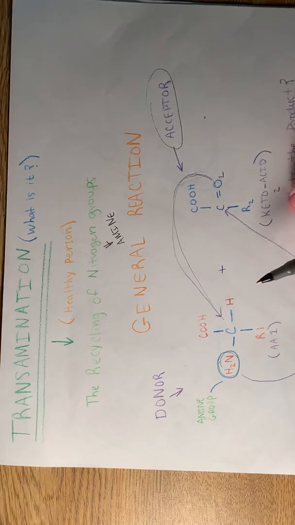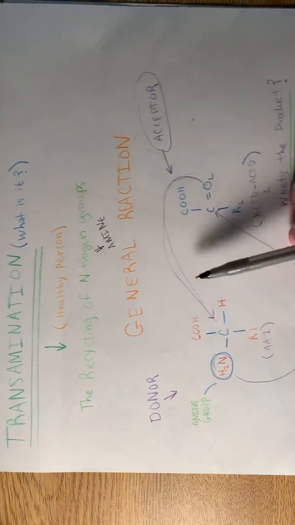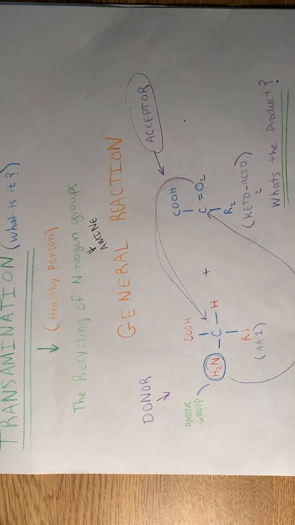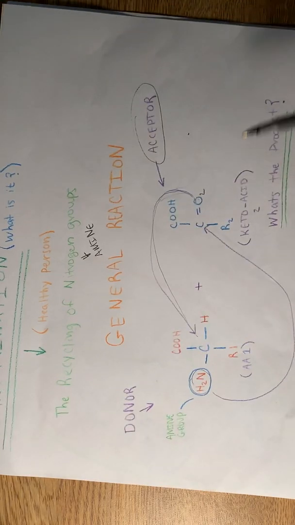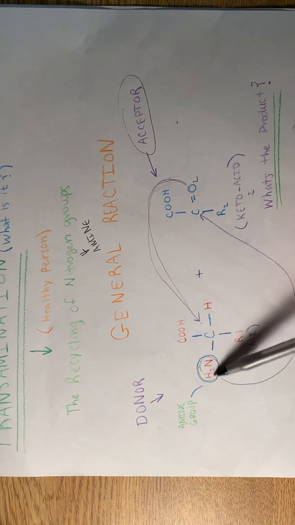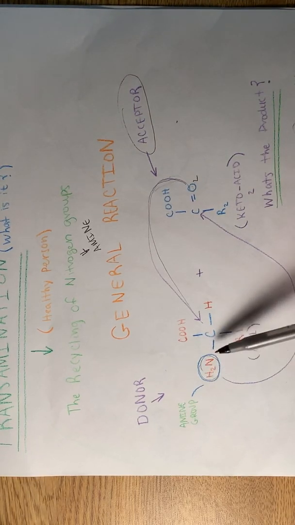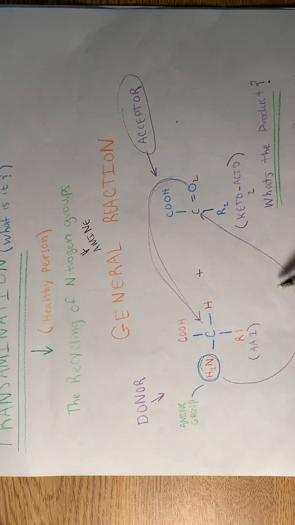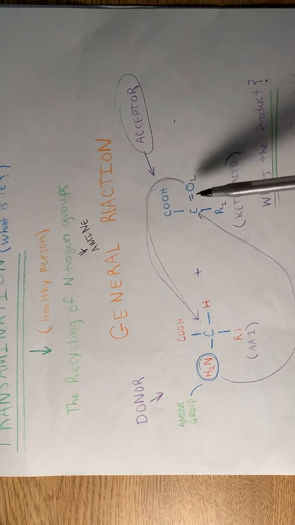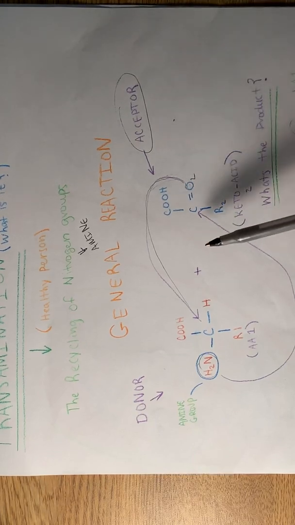The general reaction would be: here's an amino acid, here's a keto acid, and I'm not going to say which ones they are. Here's the amine group, the nitrogen group. The amino acid gives its amine group to the keto acid, and then the keto acid accepts it.